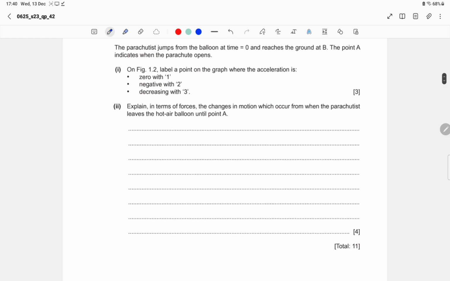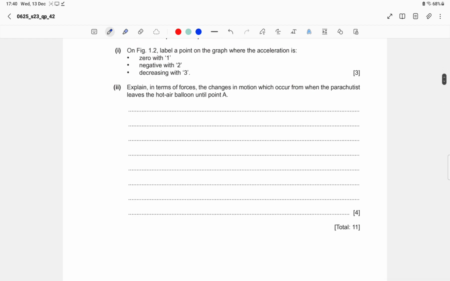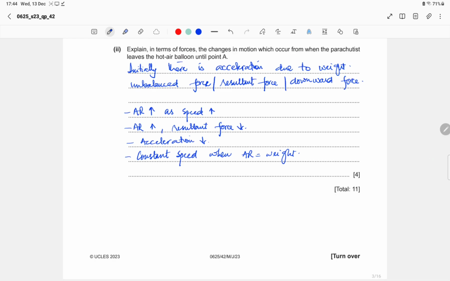Explain in terms of forces the change in motion which occurs when the parachutist leaves the hot air balloon until point A. Initially there is acceleration due to the weight of this object, and there will be unbalanced forces acting on it, so obviously there will be a resultant downward force.